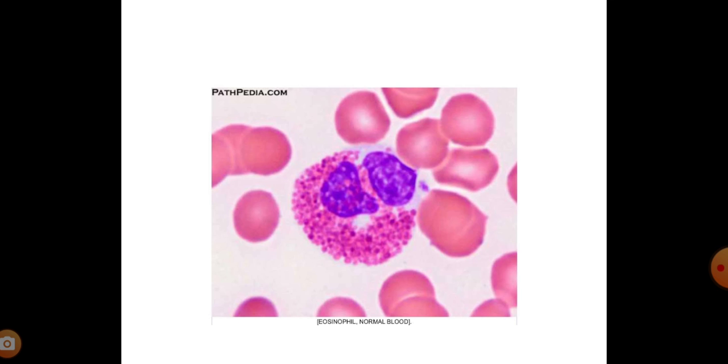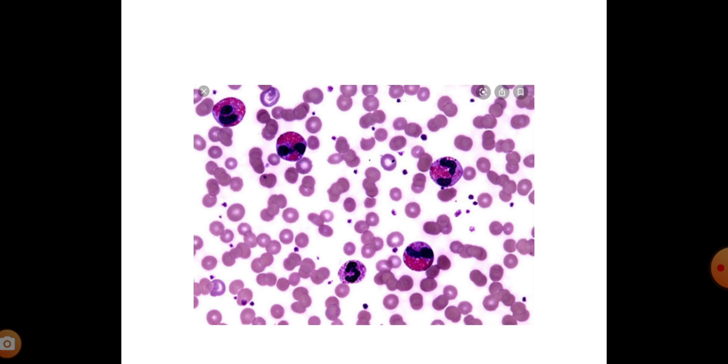It takes up the stain eosin, and you can see the fine red granules. So this is the acid loving WBC. In this field you can see around 5 eosinophils. When you see this red to brown color granules, you should suspect eosinophilia.